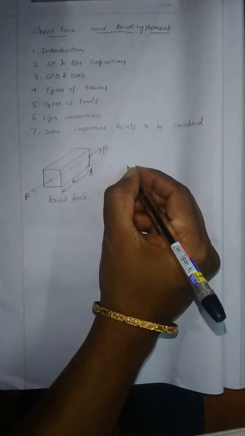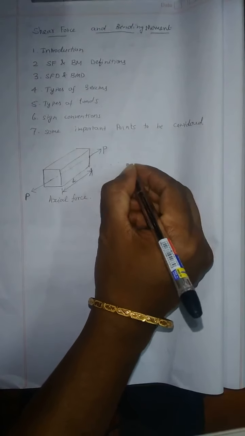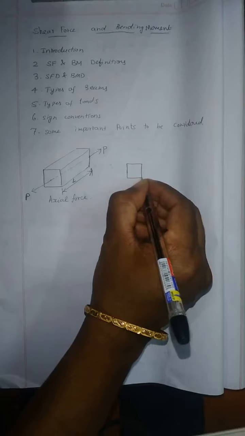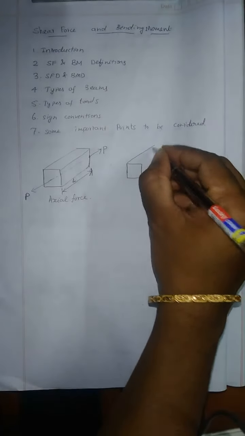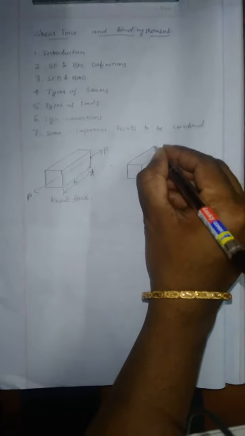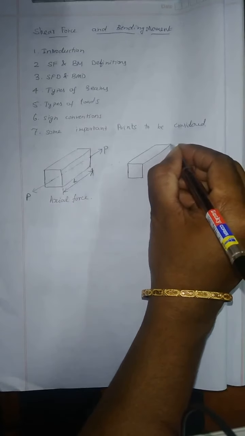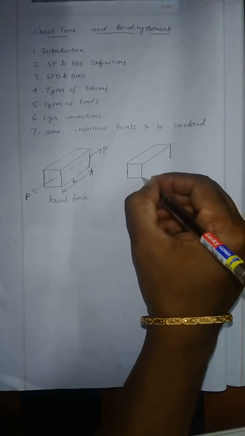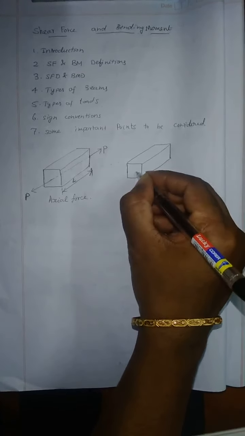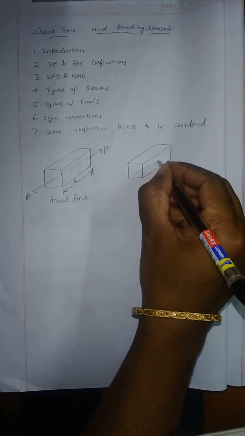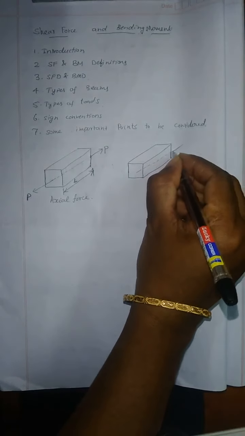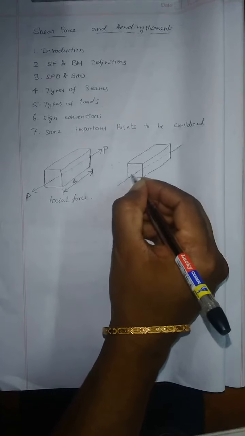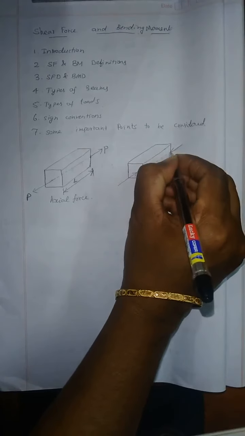Okay, so in the same case, if we are applying the load in the opposite direction, let us take the same object and here we'll be having the axis and we are applying the load in this direction, right?